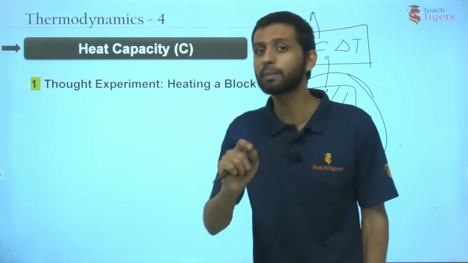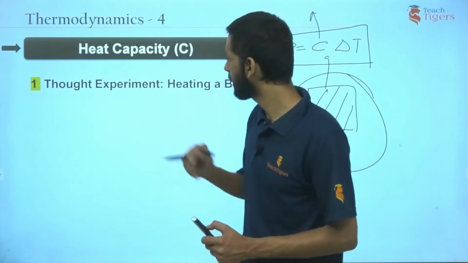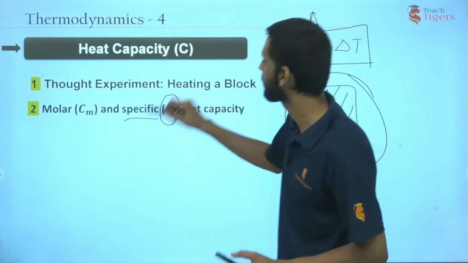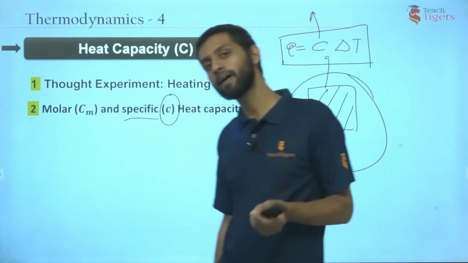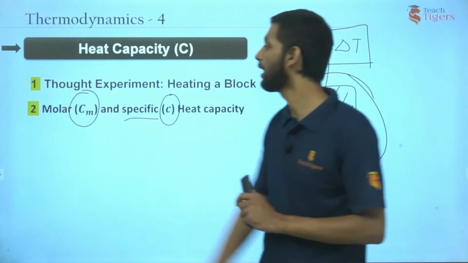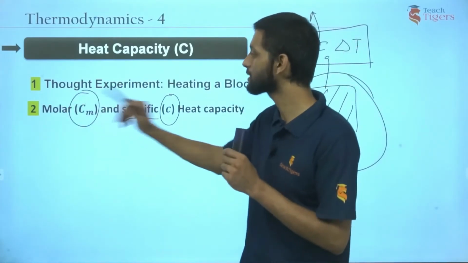What deals with mass is specific heat capacity, which is represented by small c. What deals with number of particles is molar heat capacity, which is represented by C subscript m.